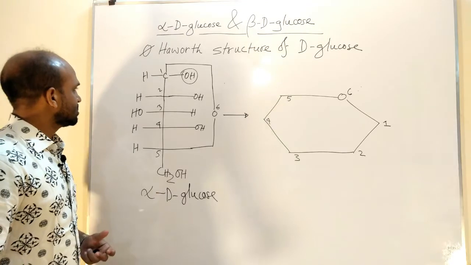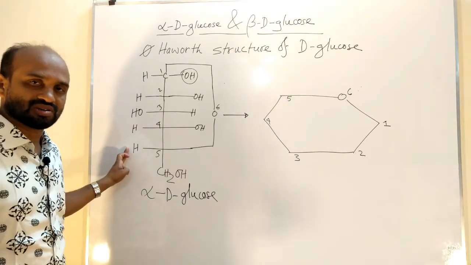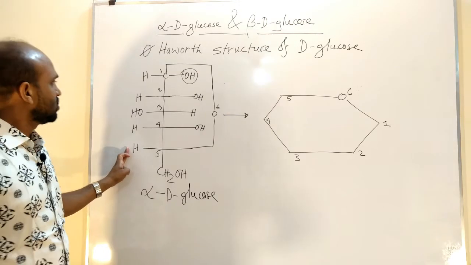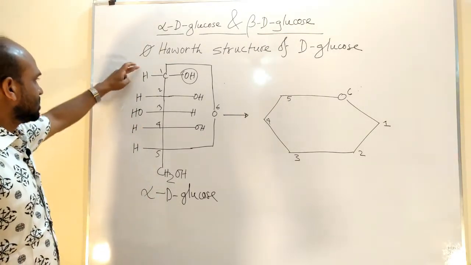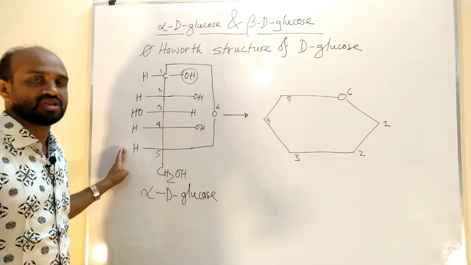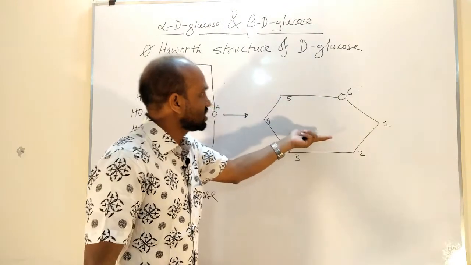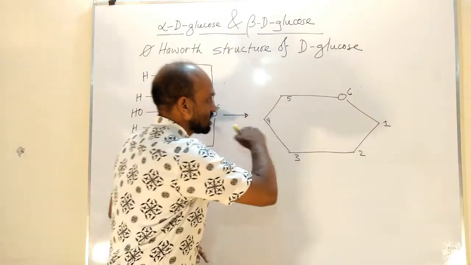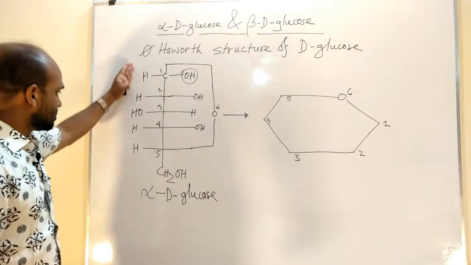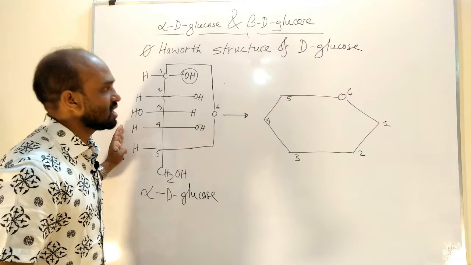Now we will write the groups which are on the right side and which are on the left side. Actually, the groups which are on the left side will be written above the plane. Now this ring structure is considered a plane, and the groups which are on the left side will be written above the plane.